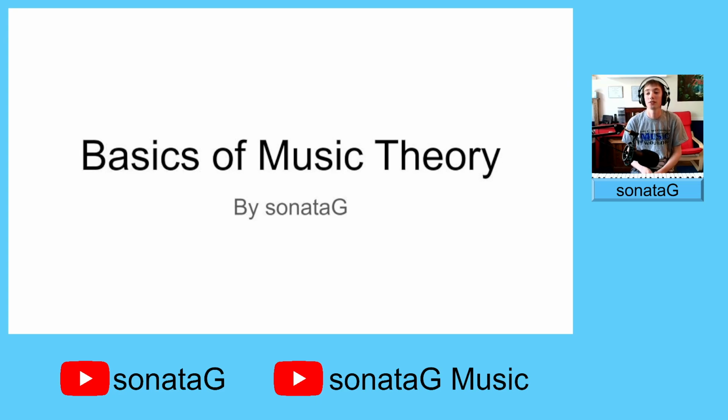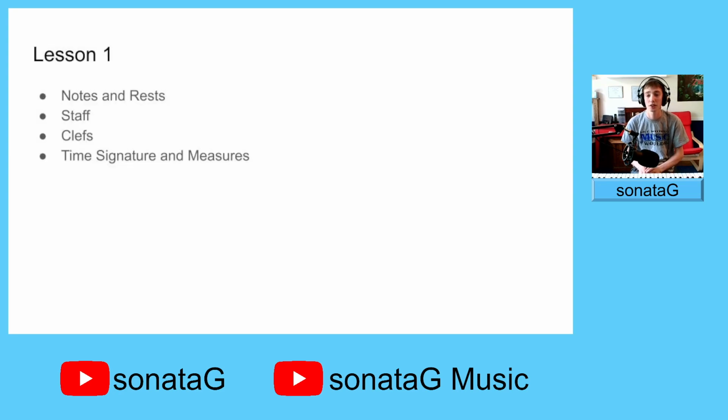So here, we're going to start really, really simple, the very basics of music theory. Today we're going to go over what notes are, what they look like, as well as rests, what the staff is, how notes are placed on the staff, different clefs, and how that affects the kinds of notes, as well as time signatures and measures.